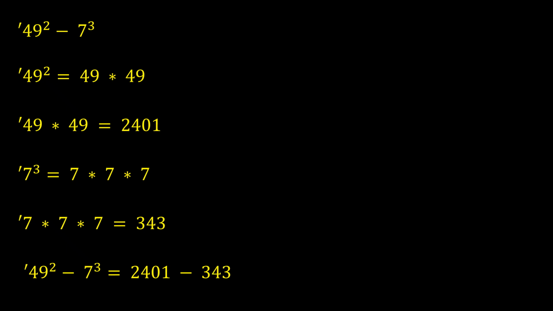Now we substitute these values back into the original expression, 2,401 minus 343. 2,401 minus 343 equals 2,058.